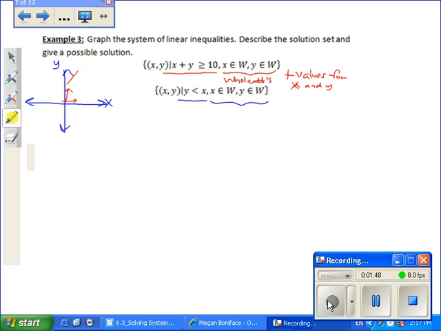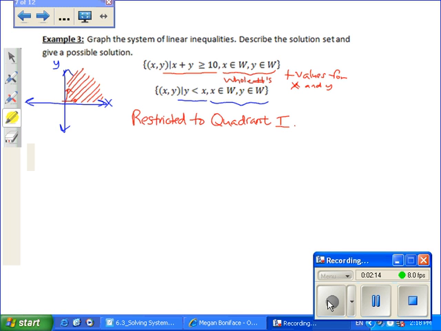So your graph is only going to be in quadrant 1. Okay, so you are restricted to quadrant 1. That's always going to be true anytime you see either natural numbers or whole numbers, okay, for x and for y. So you're going to be restricted to quadrant 1.